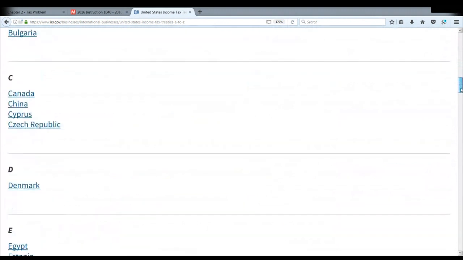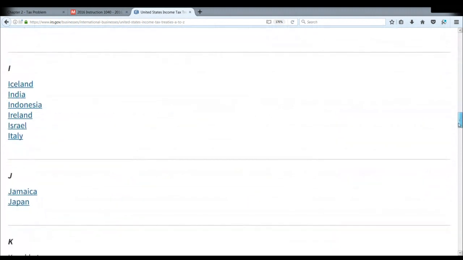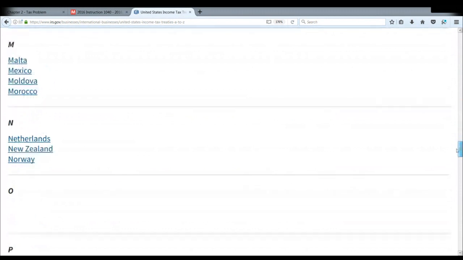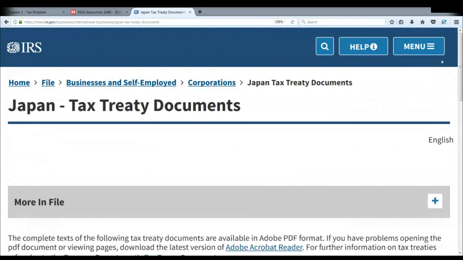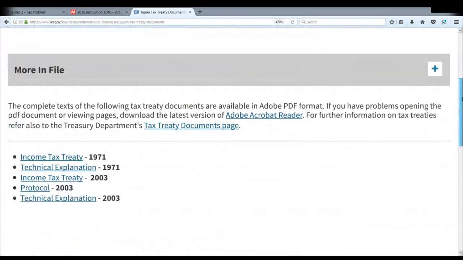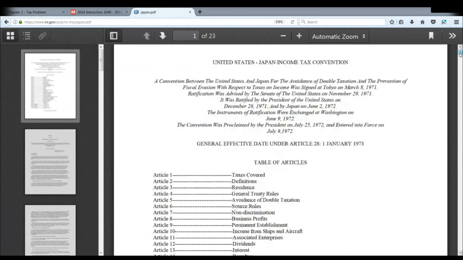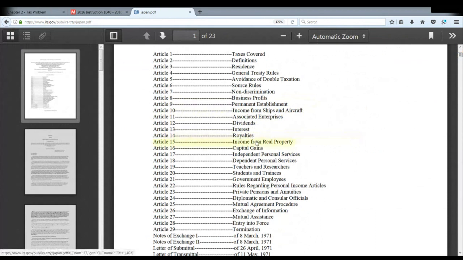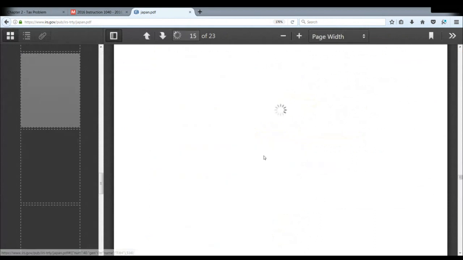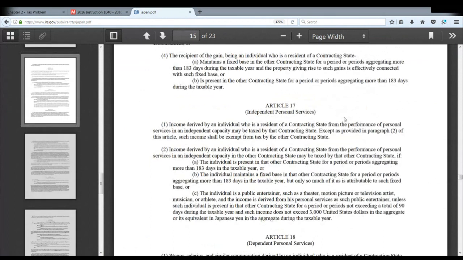Okay. Let's see the agreement with Japan. Technical explanation. Wow, they've had one since probably 1971. It's talking about royalties, income from property, independent personal services.